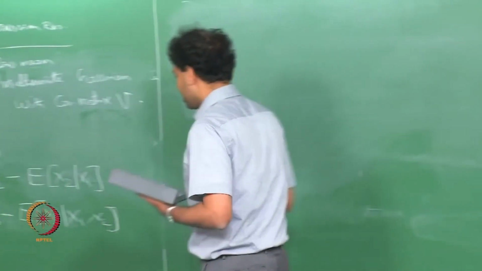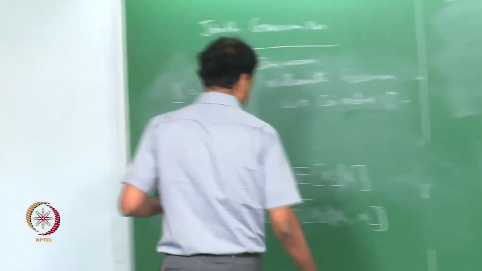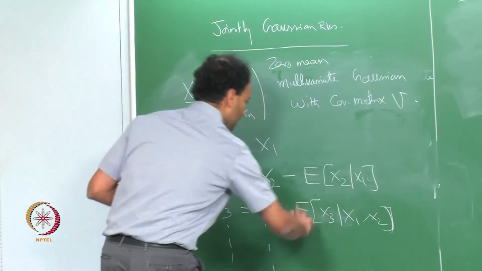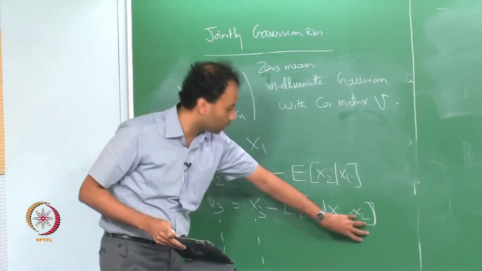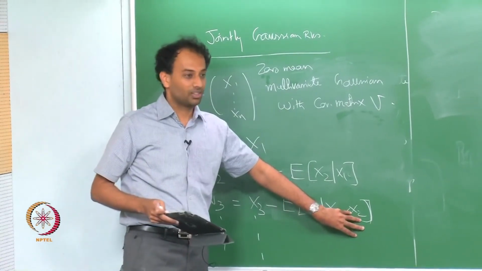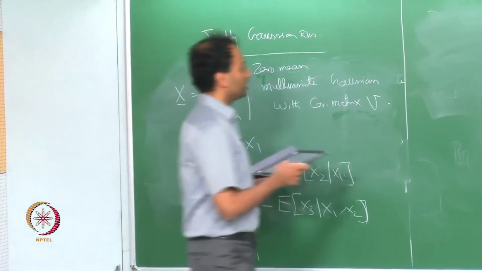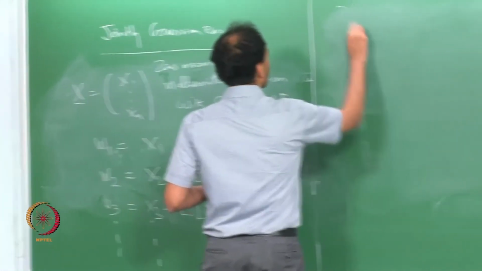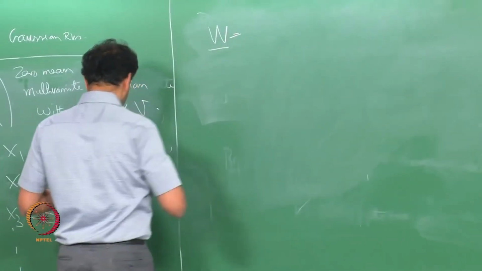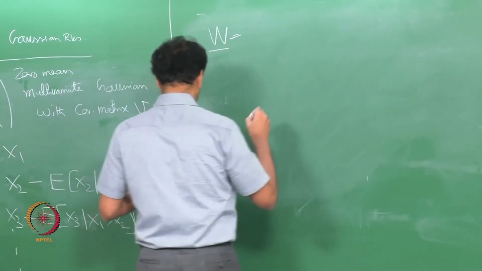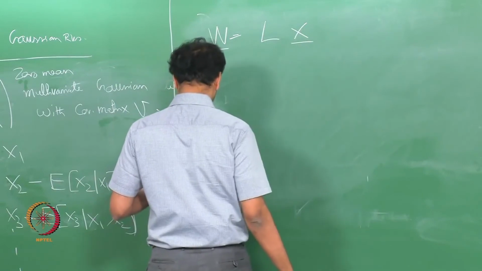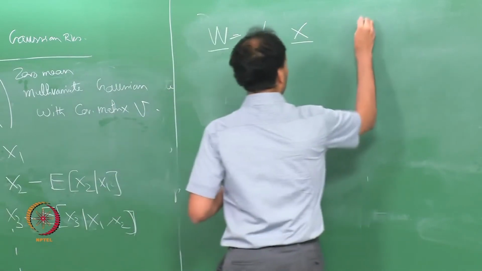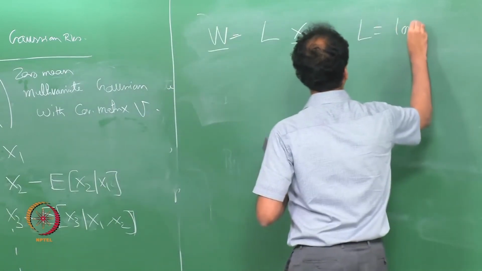And one thing you should know is that if you look at this guy, this will be a linear function of x1 and x2 because conditional expectations are linear in whatever you observe, correct. So, this whole operation can be written as a vector w equal to L times x, okay, where L is a lower triangular matrix.